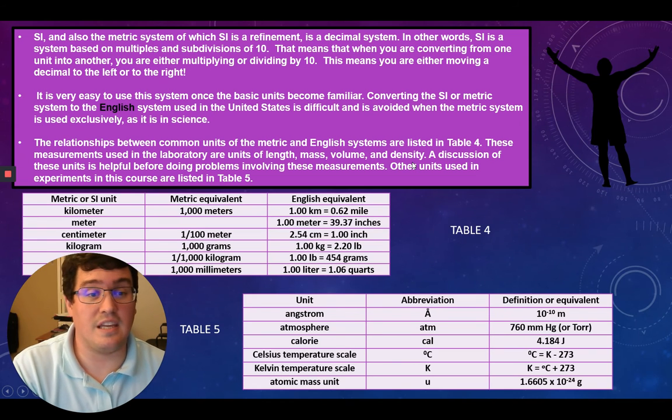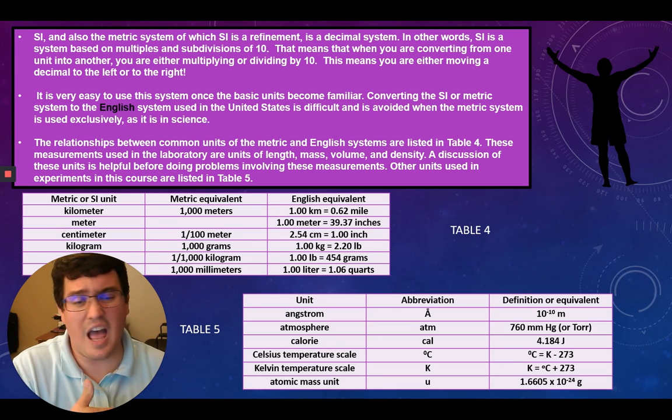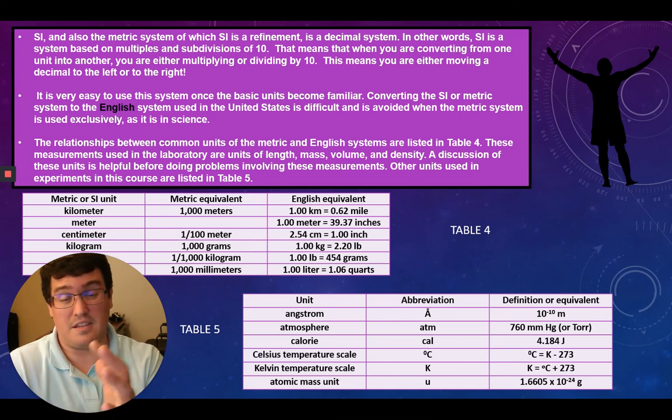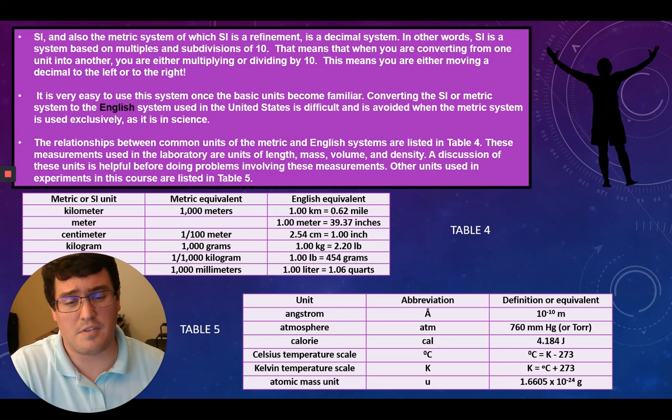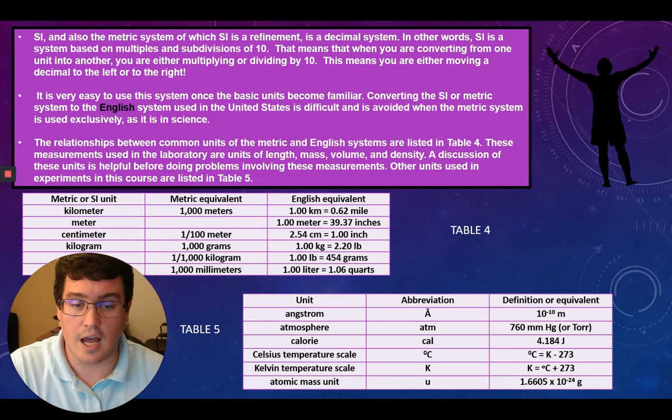Whereas if you think about the system that we use in America, it's called the English system, it's not actually a base of 10. And some of the bases that we use to convert things in the English system are incredibly weird, and that makes converting in the English system very, very hard. But we still use it in the United States.